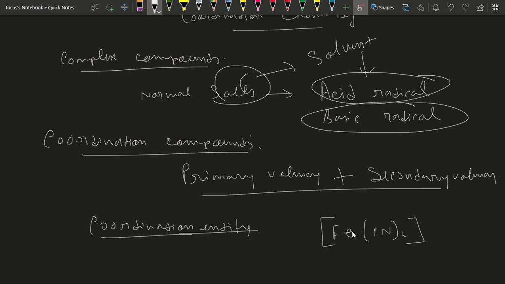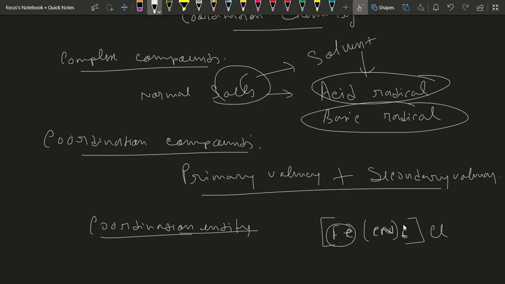Here the central metal atom is iron. Around this central atom there are some CN ligands attached with coordination bonds, and outside this there may be some anion present outside this coordination entity.